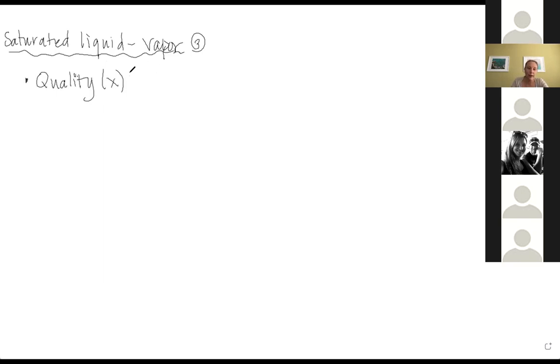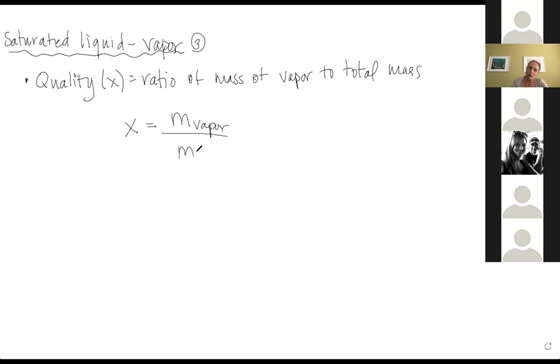And X is the ratio of mass of vapor to total mass. So this is saying X, our quality, is equal to the mass of our vapor over our total mass.